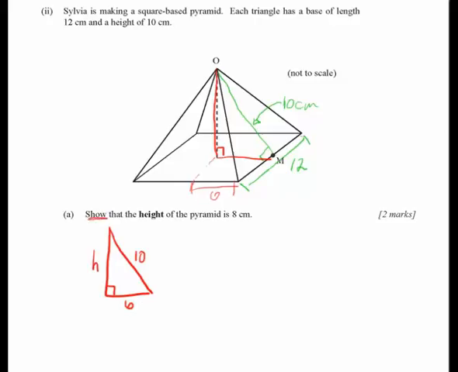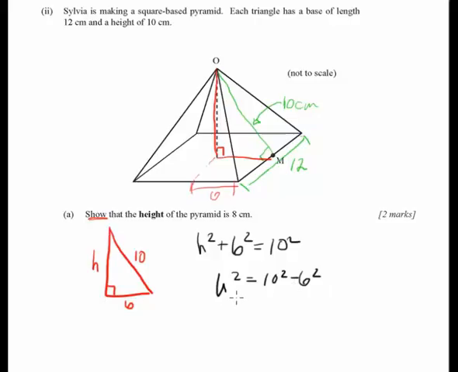And Pythagorean theorem very quickly. So we have h squared plus 6 squared equals 10 squared. That's a squared plus b squared equals c squared. And real quick, we'll just do all of that. That's really how we're going to find h.